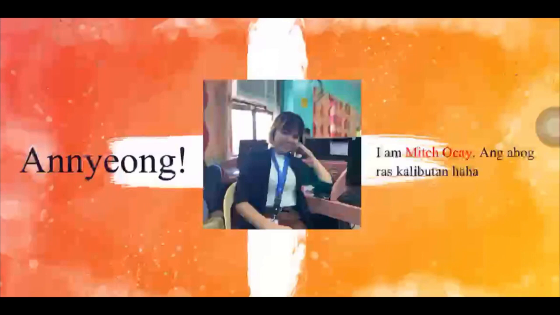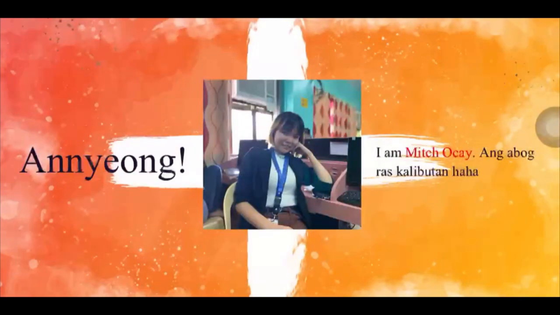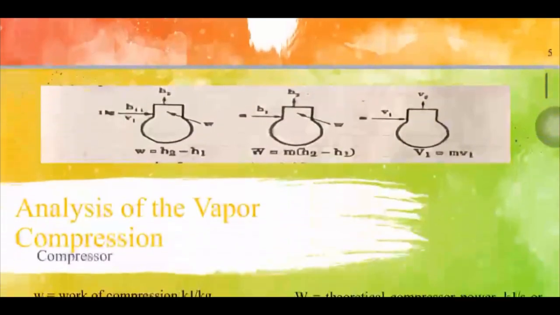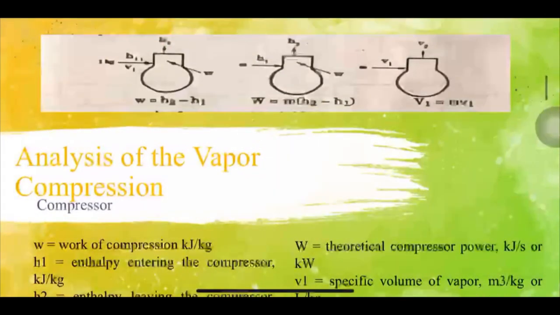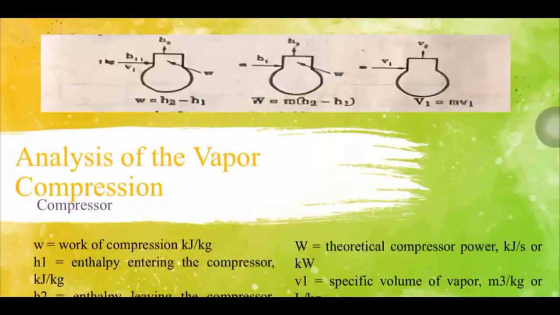Hello everyone, my name is Michelle and I'm going to discuss the analysis of the vapor compression. So what do we mean by compressor? What's the role, the function, and how important is it to a refrigeration system?